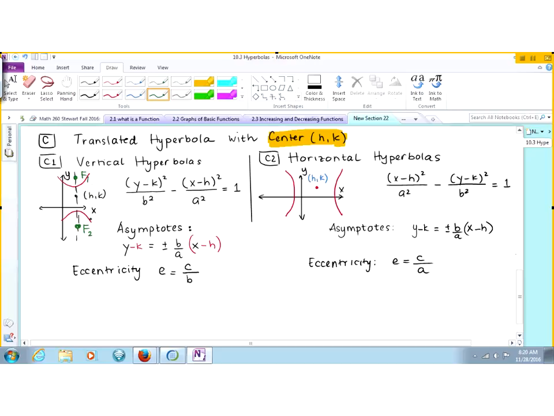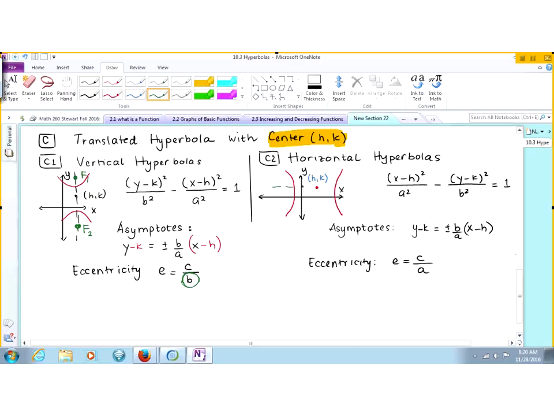So it's a vertical foci. They're located on the vertical transverse axis. That's why, if you want to know the roundness, we have to compare it with the vertical component. Does that make sense? That's why I choose B. Because I need to compare the distance with the vertical component.